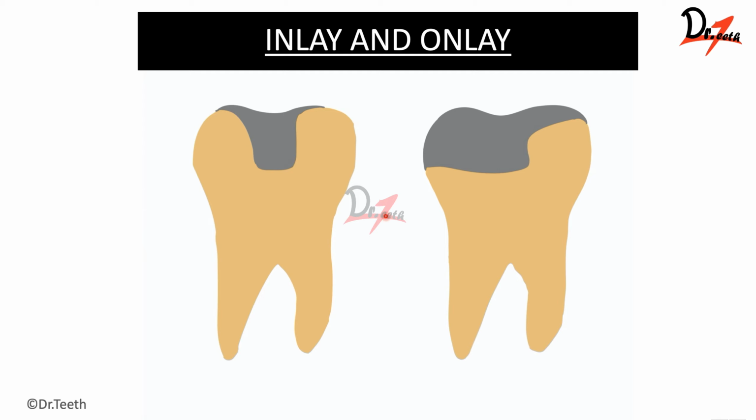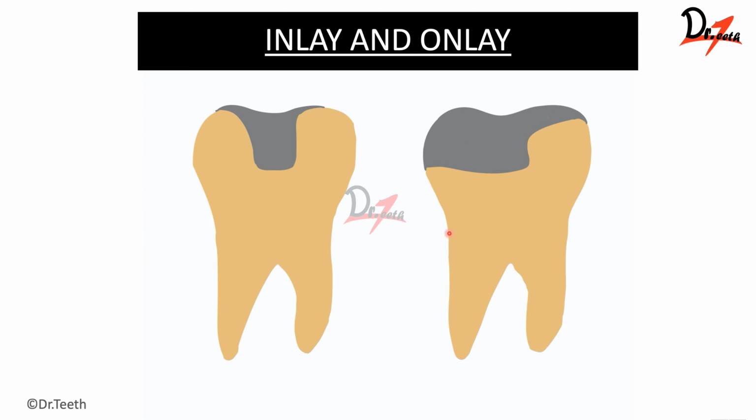So this is inlay. Now what is onlay? Onlay is also an intracoronal restoration and it is used to restore a more extensively damaged posterior tooth structure. As you can see in this picture, the tooth structure that is damaged is a large amount and that is being restored by an onlay.